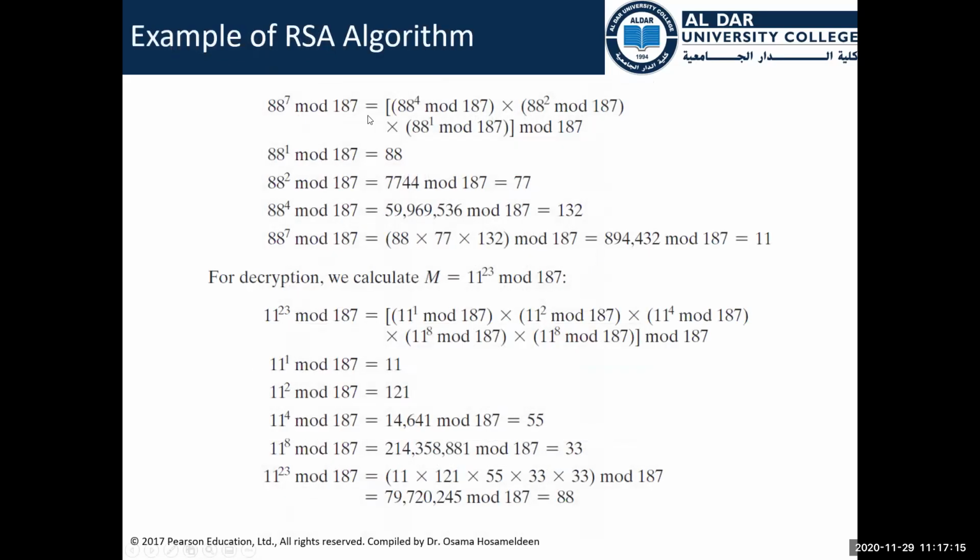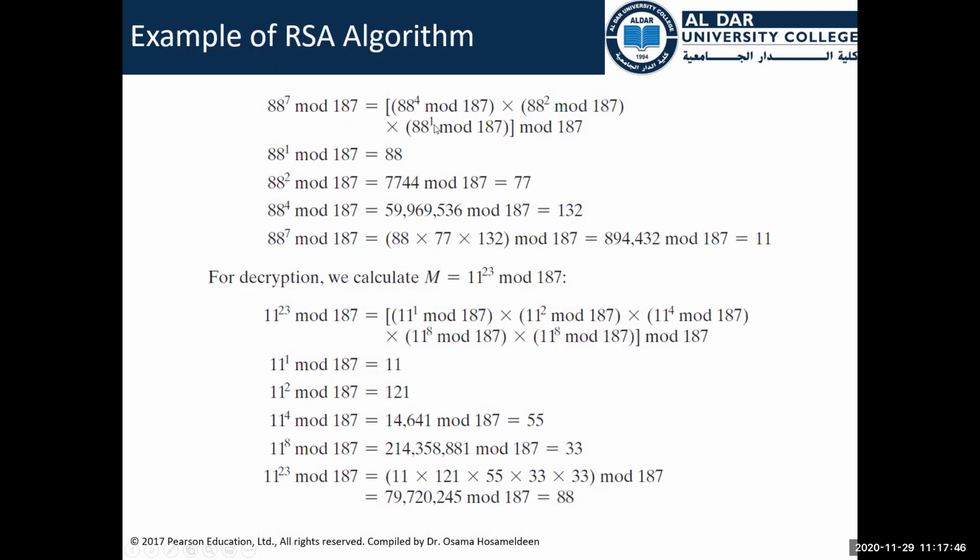This is the algorithm, and here is a numerical example, not for the algorithm itself, but on how, for example, if you want to calculate 88 to the power 7, you can do it by dividing it into 88 to the power 4, 88 to the power 2, and 88 to the power 1. 1 plus 2 plus 4 is equal to 7. Then you can take each one of them and calculate it separately.